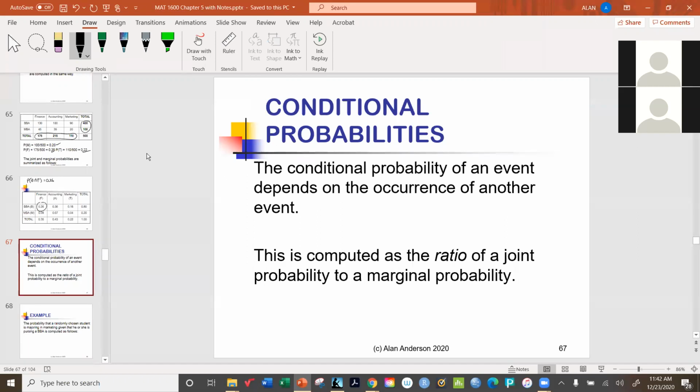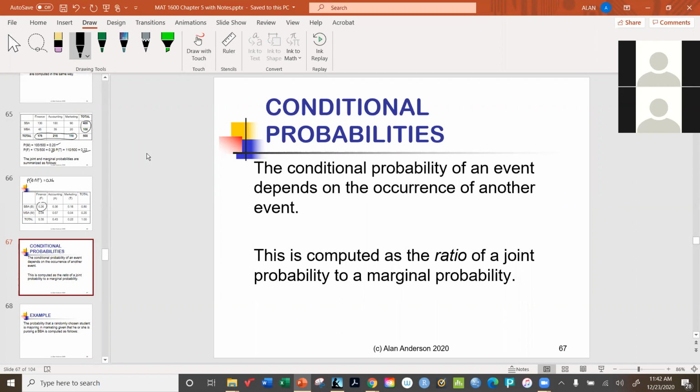Obviously, if the weather's nasty out, you're more likely to go to the movies than do something else. So the probability of going to the movies is different than the probability of going to the movies given that it is raining out. So here we're looking at probabilities that depend on whether or not something else is happening. And they're known as conditional probabilities.